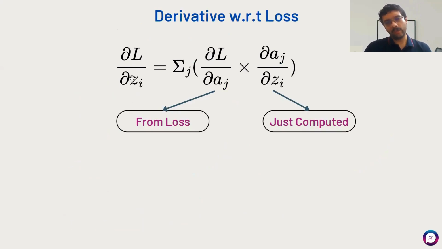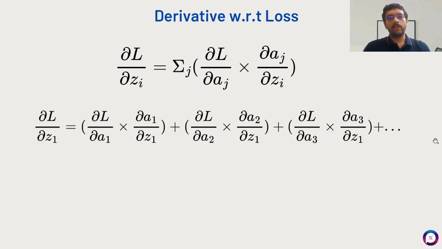So the derivative of loss with respect to the input is basically the sum over j of the derivative of the loss with respect to Aj times the derivative of Aj with respect to Zi. They're all partials, with respect to Zi. So for example, for Z1, and in this case I'm just assuming there are many, but I'm showing you three terms because that's the example we're going to use, it is the partial of L with respect to A1 times the partial of A1 with respect to Z1, plus the partial of L with respect to A2 times the partial of A2 with respect to Z1, and so on.